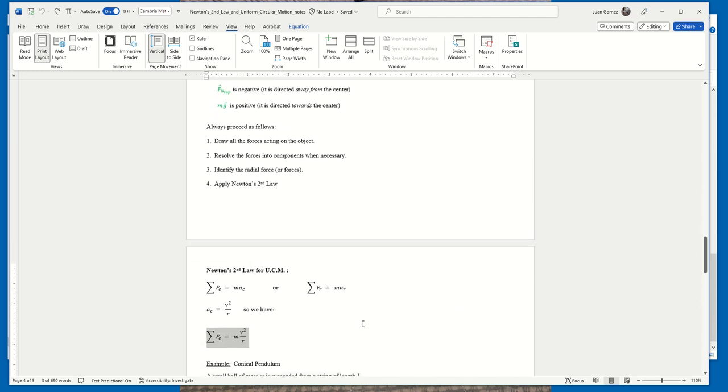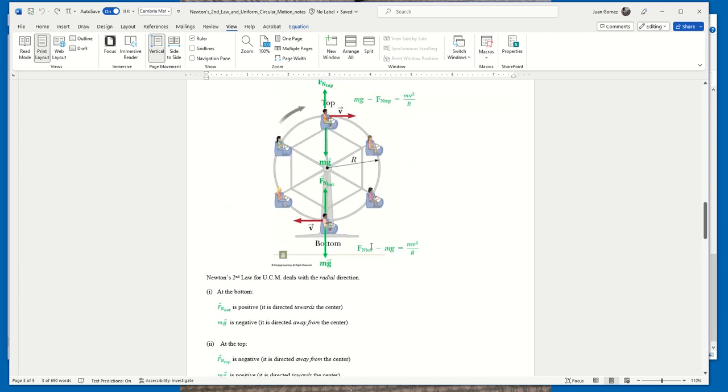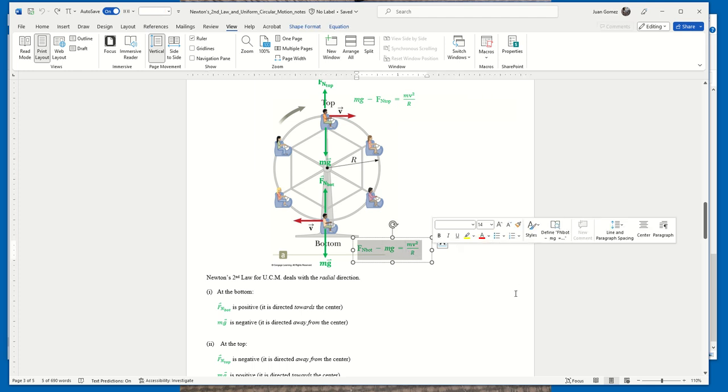So let's apply this to the bottom of the Ferris wheel. Fn bottom is positive because it's directed towards the center. Mg is negative because it's directed away from the center. So Newton's second law for UCM yields Fn bottom minus mg equals m a_c. What is a_c? a_c is v squared over r.